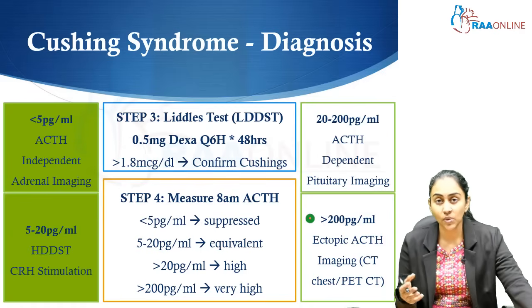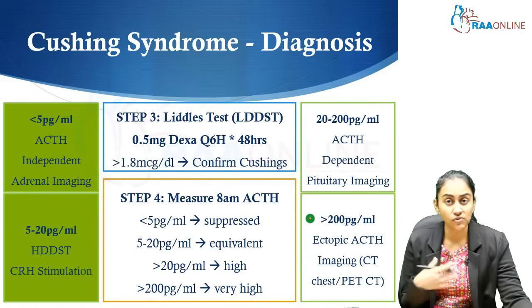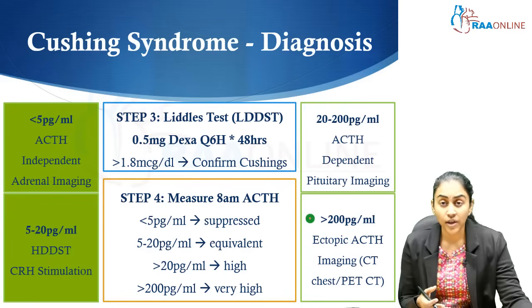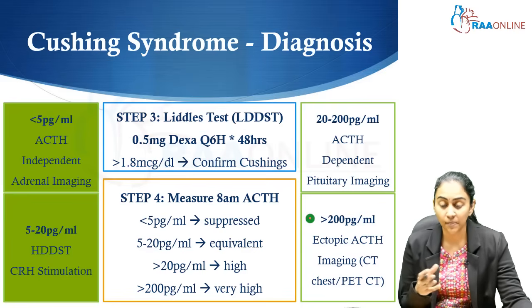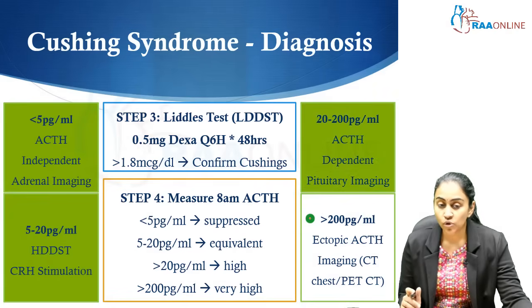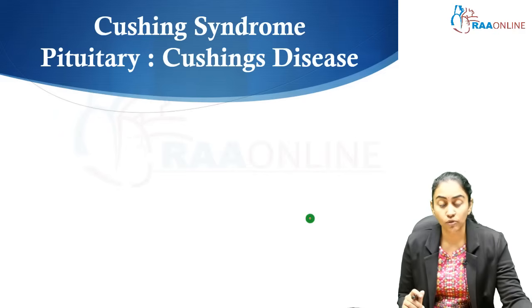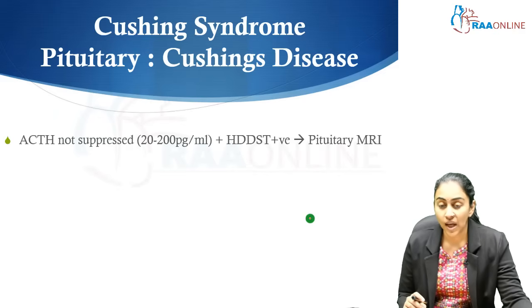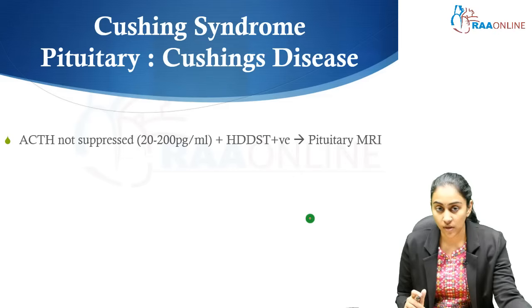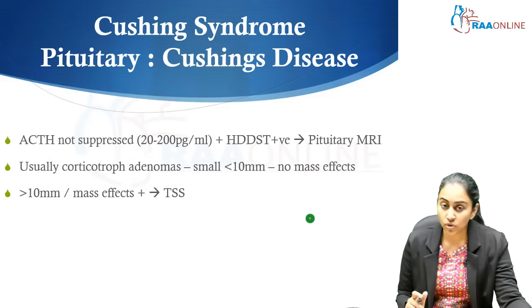So we have discussed ACTH independent Cushing's. We've discussed the grey area where the high dose dexamethasone suppression test and CRH stimulation tests come in handy in helping us find out whether we are looking at pituitary or ectopic ACTH secretion. If the high dose dexamethasone test is positive, then we are looking at pituitary Cushing's, which is called Cushing's disease, and we need to do a pituitary MRI. Usually these are corticotropic adenomas.